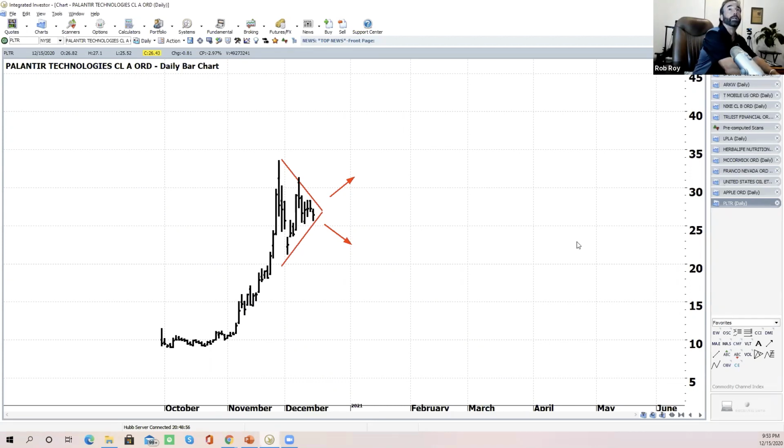Let's see what the strikes look like. It's got March options. Spreads are a little wide considering the liquidity that it has. A little surprising, but they're not horrendously wide.